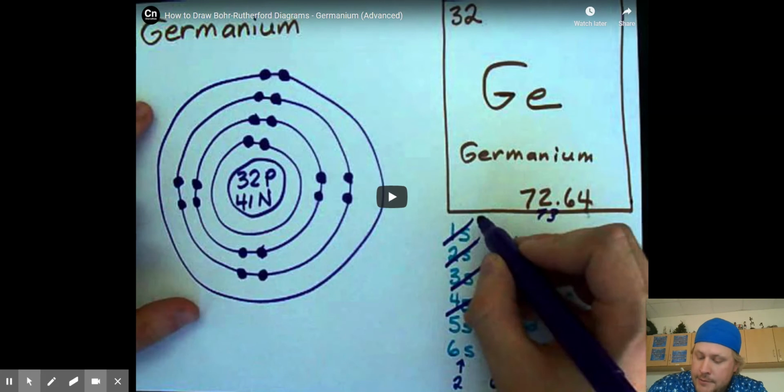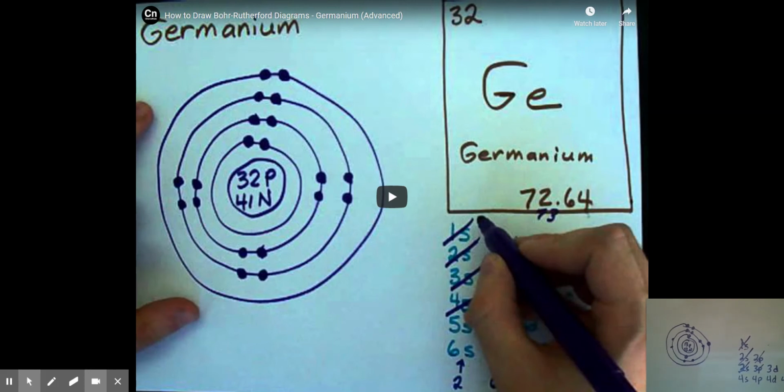So we've had 10. We're going to go one more orbital, our third. So first in the third is the s. 1, 2. That's 12. And we have 3p. We have one left over. So now we have 13 protons, 13 electrons, and we made up 13 neutrons.